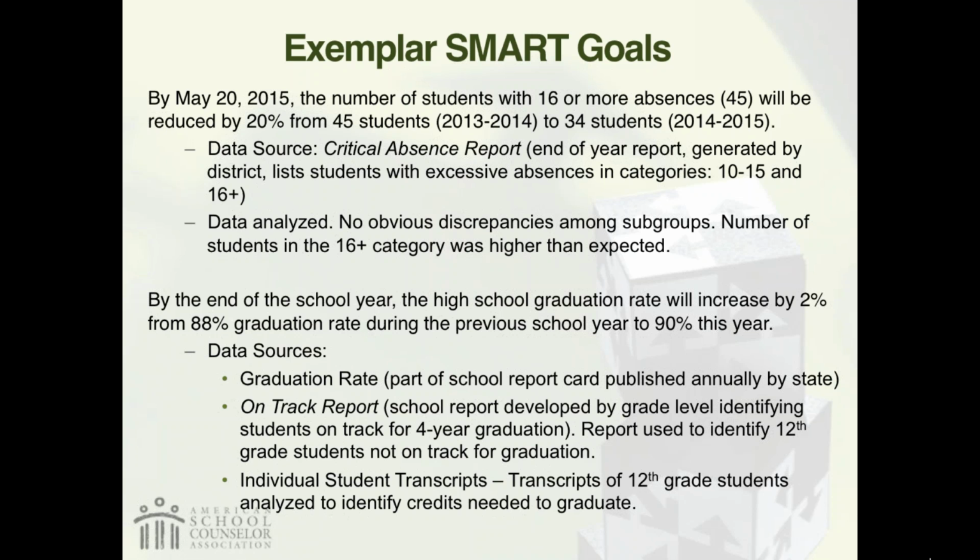So all you're doing is looking at how many of those students had 16 or more absences, which puts them at some critical level, they're missing almost 10% of the school year. So that's a valid group to target, and one of the ways that you can get at that is by saying how many students did I have one year and how many did I have the following year. It's pretty clear what you're going to count.